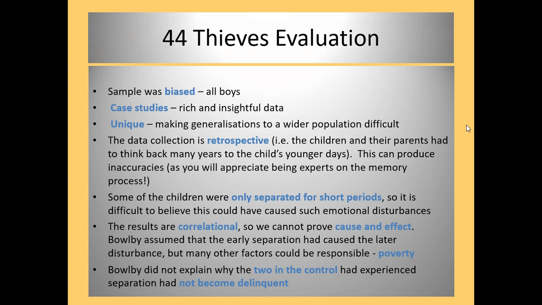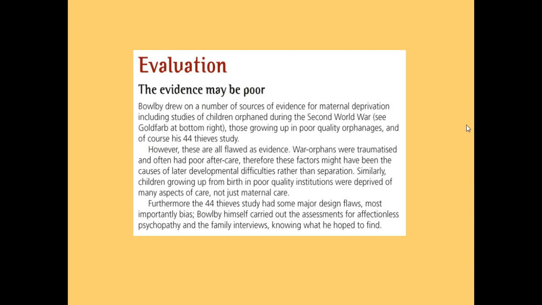The data is retrospective, so it's people looking back, so there are errors in recollection. It's correlational, so we cannot prove cause and effect. There are lots of evaluation points there. If you want to evaluate the research, you would not need to know all of these, just some. This is from your textbook as well.